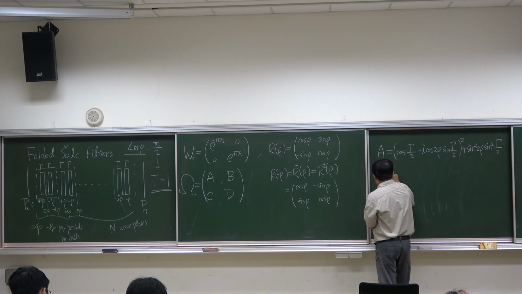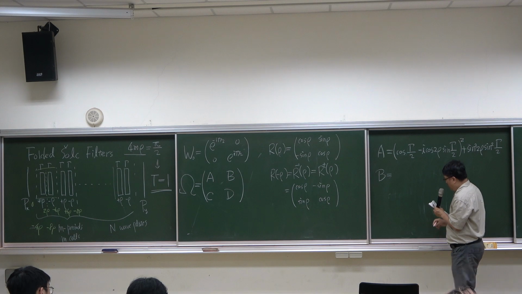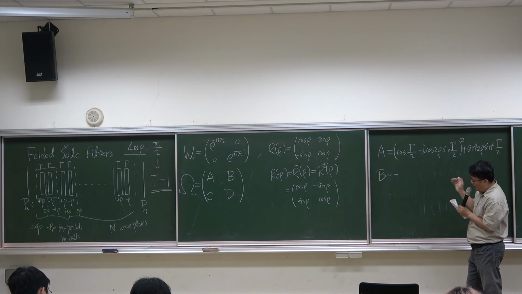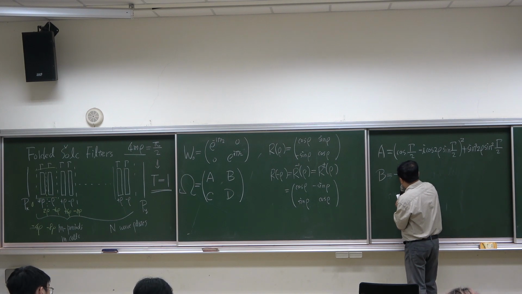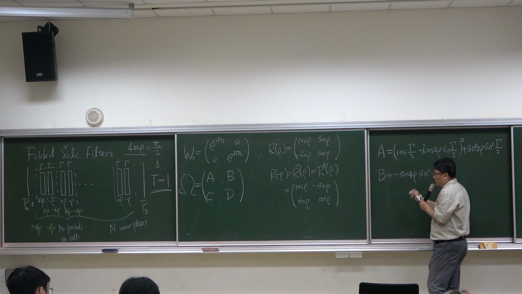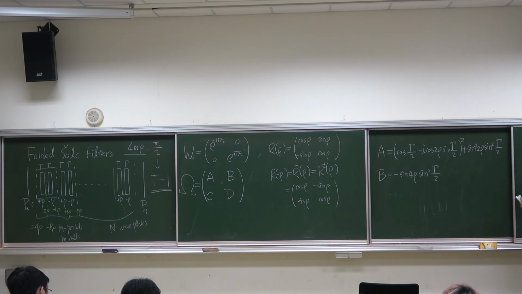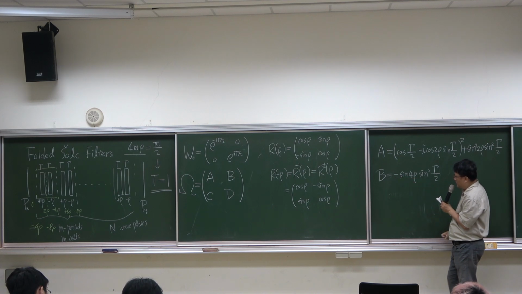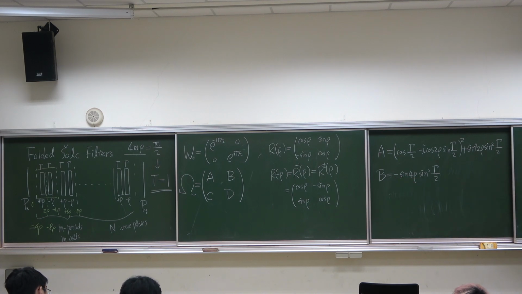And the B, if you calculate it carefully, then you will find the result is this one, which is different from what you see in the textbook. The difference is this minus sign.